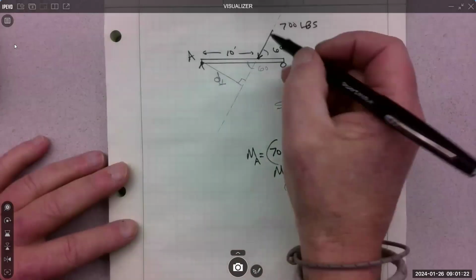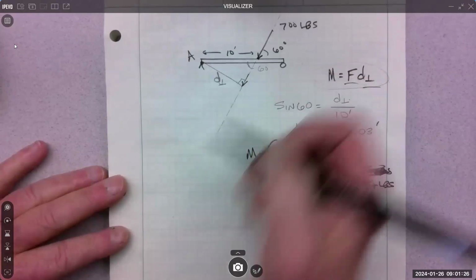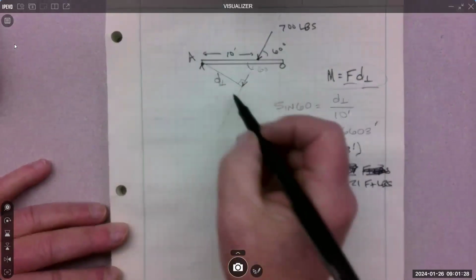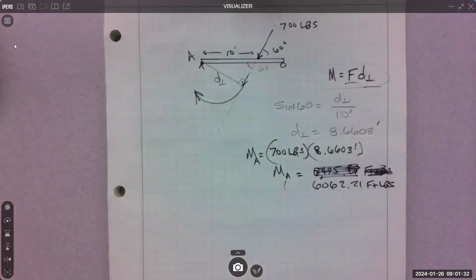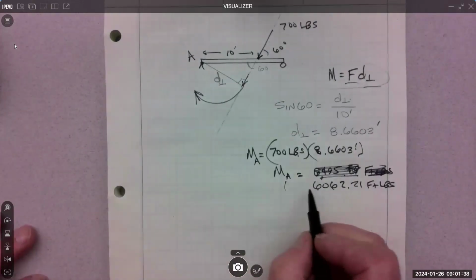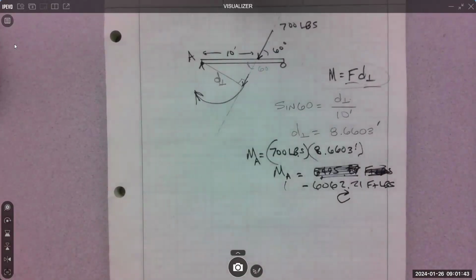What I do is move the vector down closer to where the perpendicular distance is, attach the string, let it go, and I get the rotation. However you do it is fine. Is that clockwise or counterclockwise? It's negative. That's clockwise. Excellent.